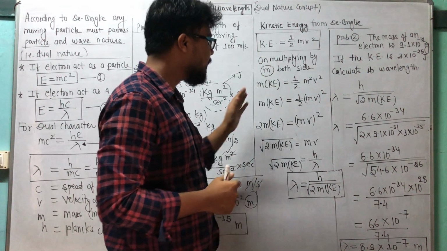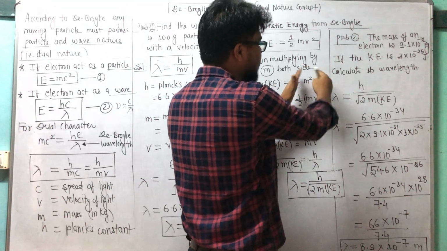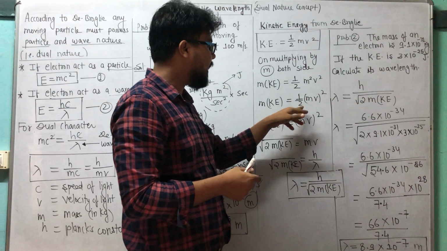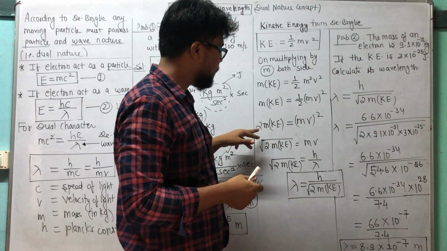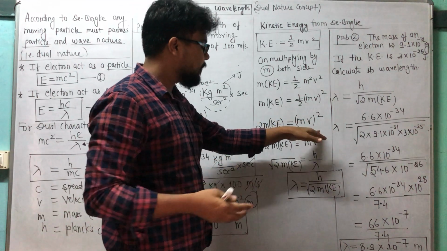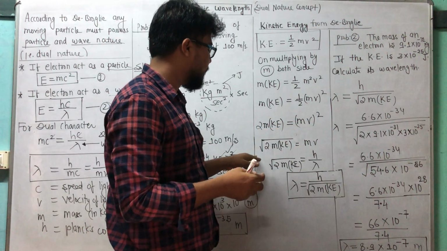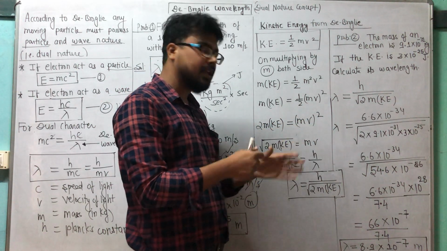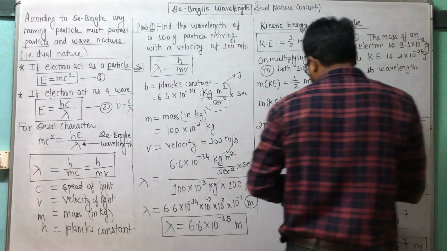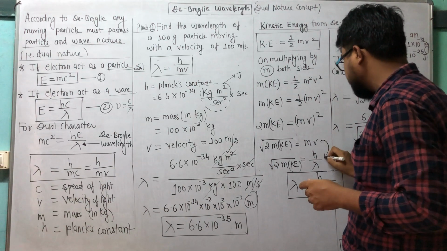Next, m square v square I can collectively write as mv whole square, and when I multiply by 2, it will be 2 m KE equal to mv whole square, or it can be converted into root, so it becomes under root 2 m KE equal to mv, or students, here I took mv as h upon lambda.